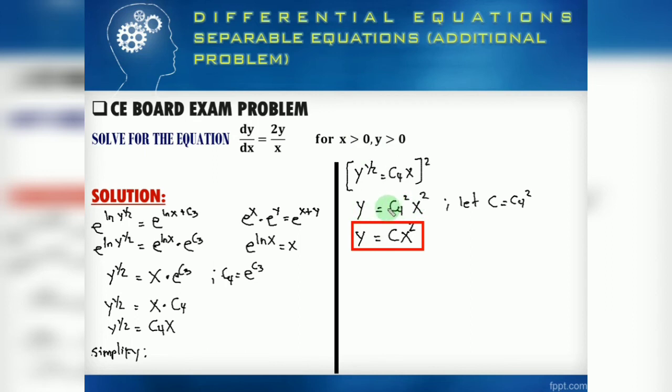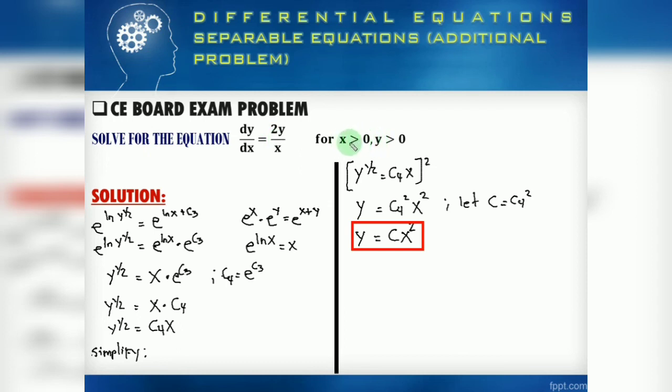In this case, you may get your c4 squared, but x must be greater than 0 and y must be greater than 0, because the main reason for that is so that this problem is not an undefined problem. Because if your x is 0, we cannot probably solve this given equation. That is why there's a condition that x must be greater than 0, and also y must be greater than 0, because if y is equal to 0, still we cannot solve this problem. So that is why x and y must be greater than 0.